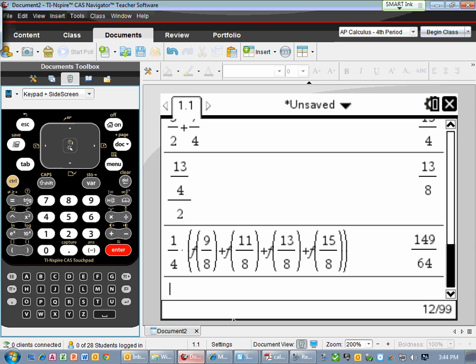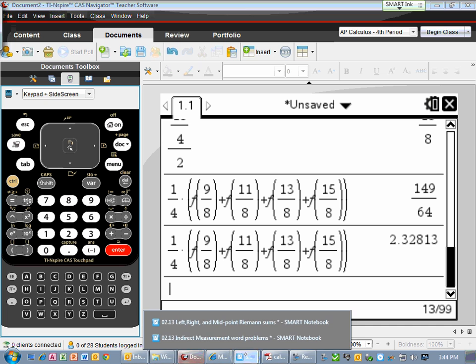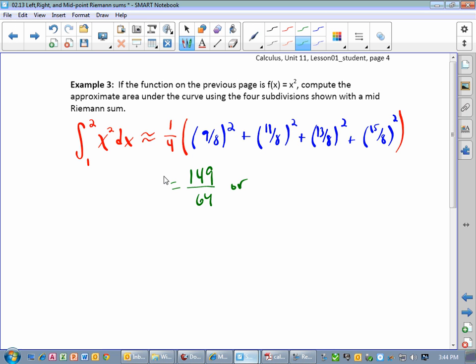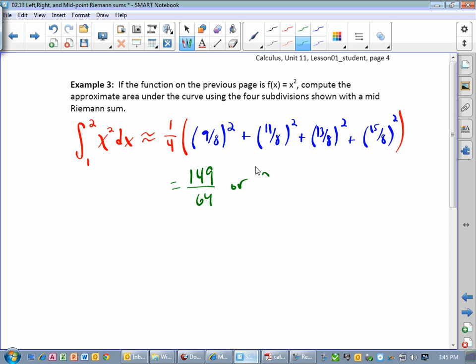And so we get 149 over 64, which is 2.328124.